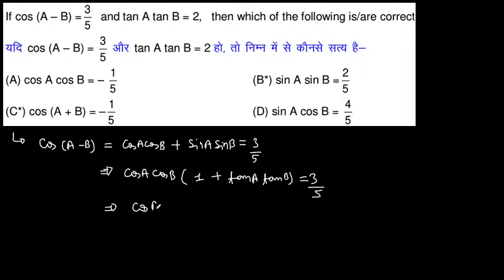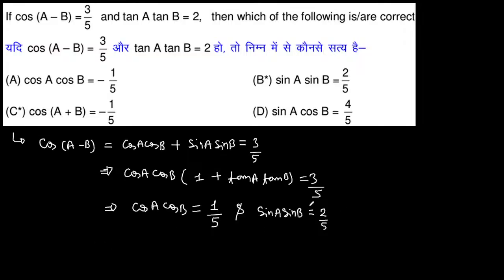So cos A cos B is going to be 3, 3 cancel, 1 by 5. And if we put cos A cos B as 1 by 5, we are going to get sin A sin B equal to 2 by 5.